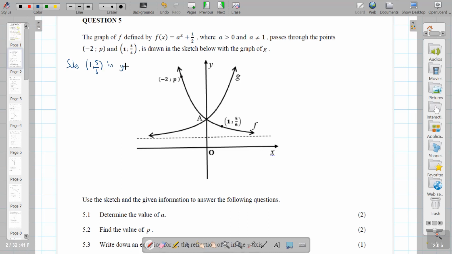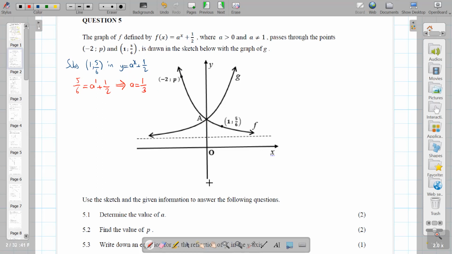We need to substitute it into y equals a^x plus half. So do that. You can just say 5/6 is equal to a to the power of 1 plus 1/2. So that gives me a. What is a? 5/6 minus half. So it is 1/3. You can use a calculator anyway.